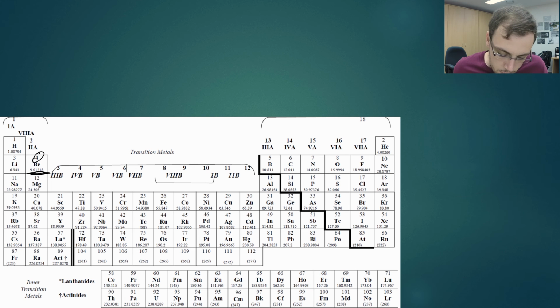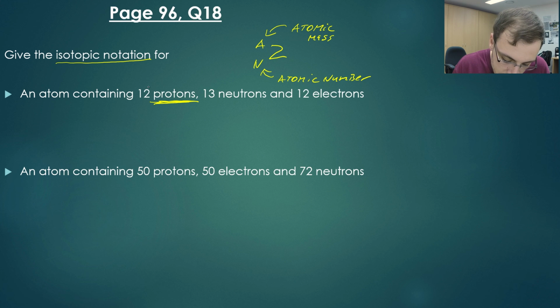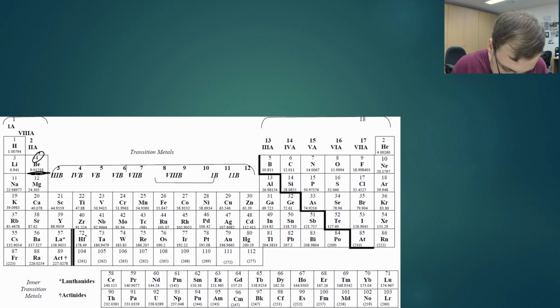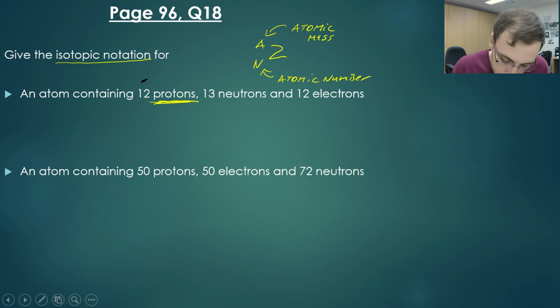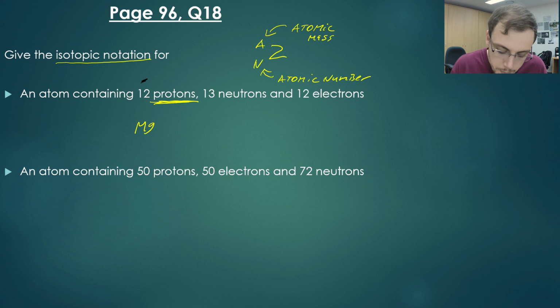Remembering from before, our atom contains 12 protons. So moving back to here, we look for the number 12, which we find to be magnesium. So we come back up here, and we know our element is Mg.